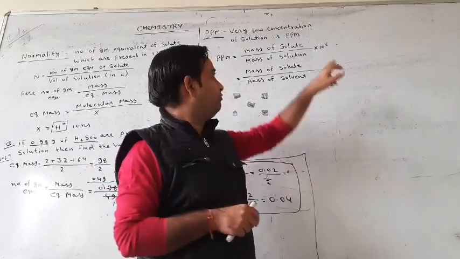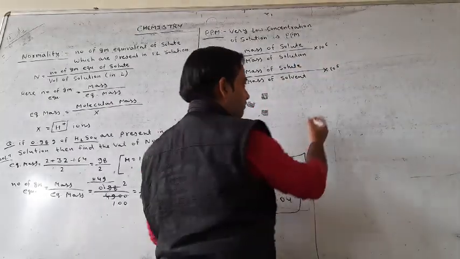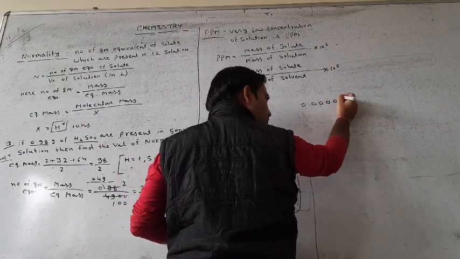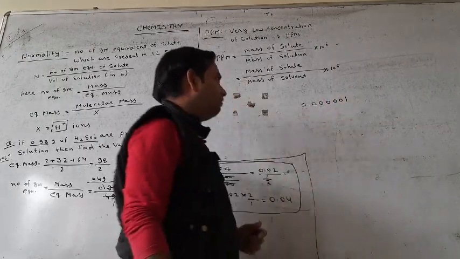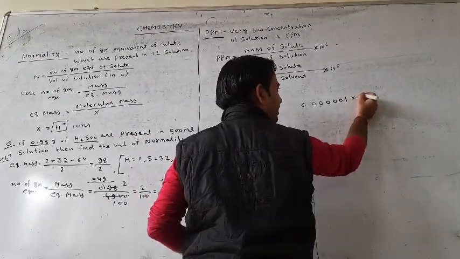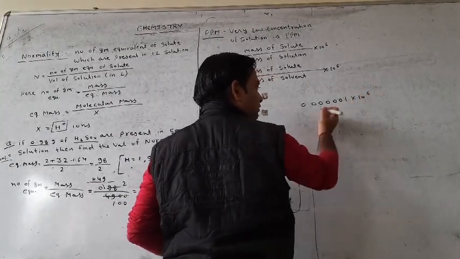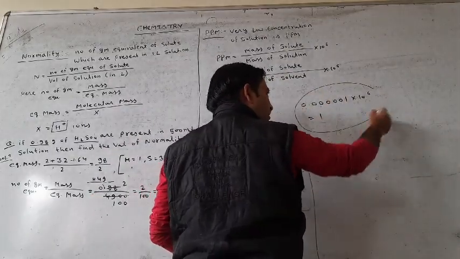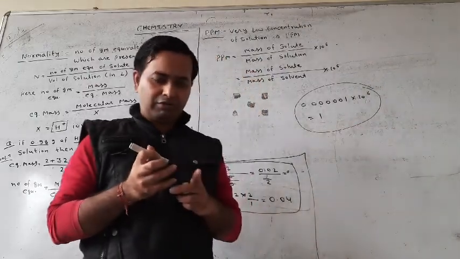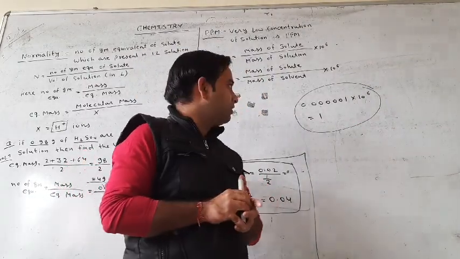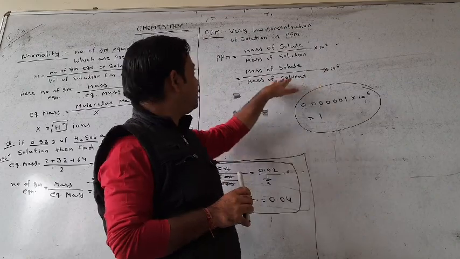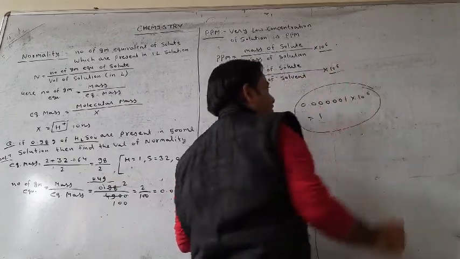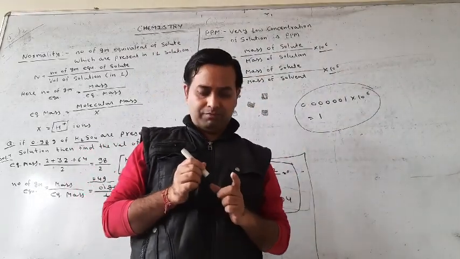Means if you have 0.000001 and multiply it with 10 raised to power 6, then it comes in the form of 1. So to calculate at the broad level, we use 10 raised to power 6. That's why we convert it into the main form.